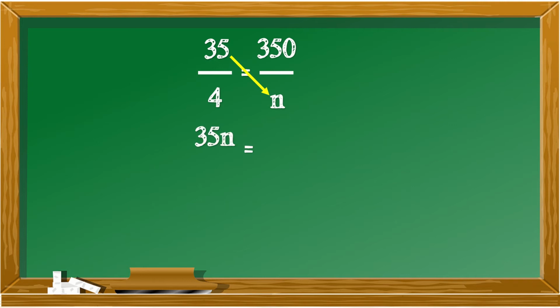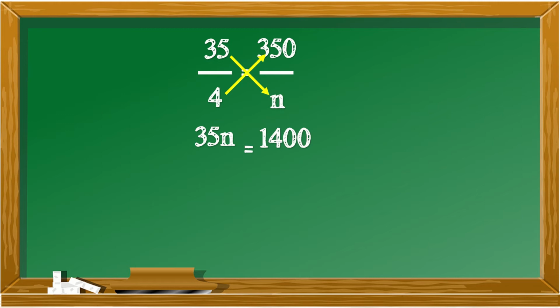Then you are going to multiply 4 by 350. 4 times 350 is 1,400. So we now have 35n is equal to 1,400.